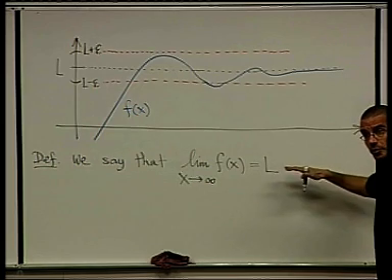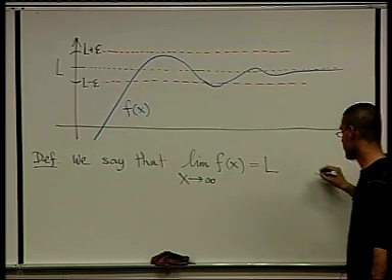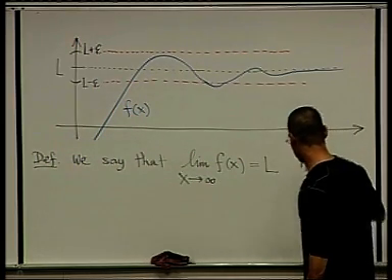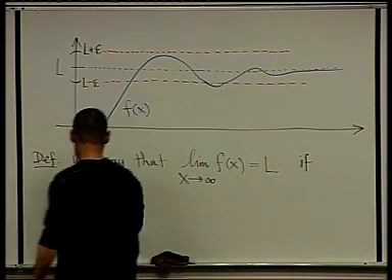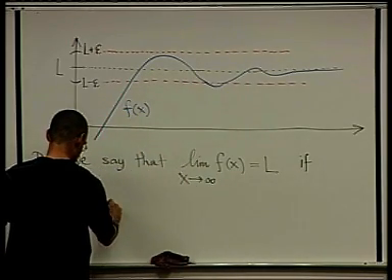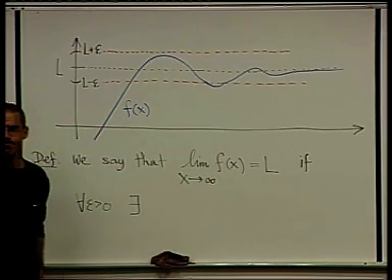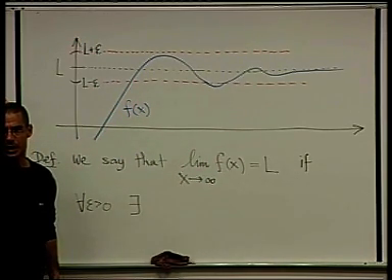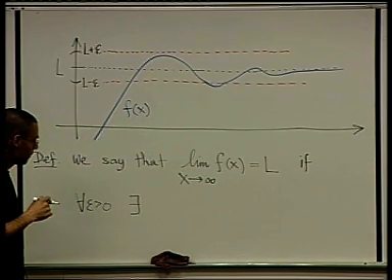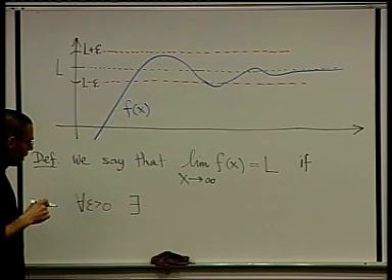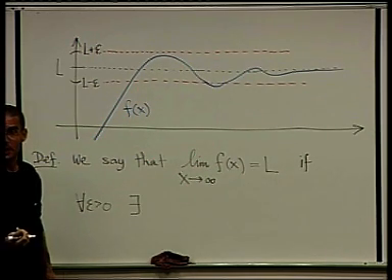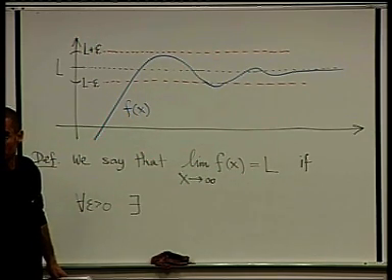This is still a finite limit if for any epsilon there exists, what am I going to write here? How am I going to say there exists a delta neighborhood of infinity? What's a delta neighborhood of infinity?